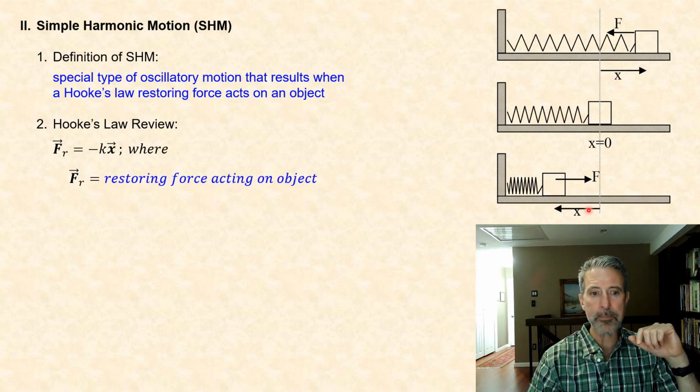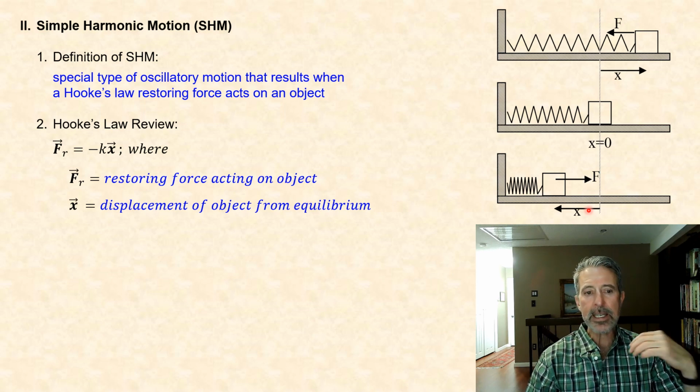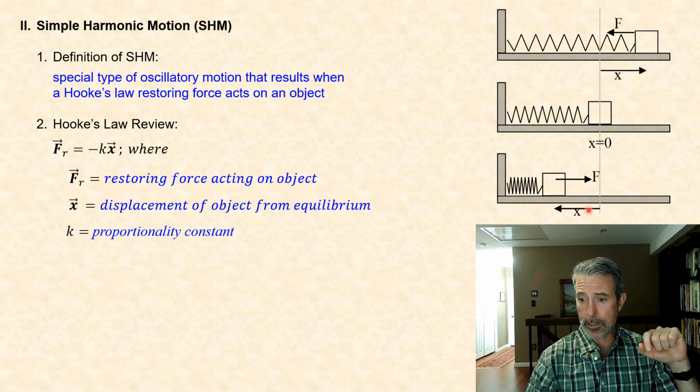So here, F sub r is what we call the restoring force acting on an object that tends to make it want to return to its equilibrium or rest position. x is the displacement of the object from its equilibrium or rest position. k is the proportionality constant.